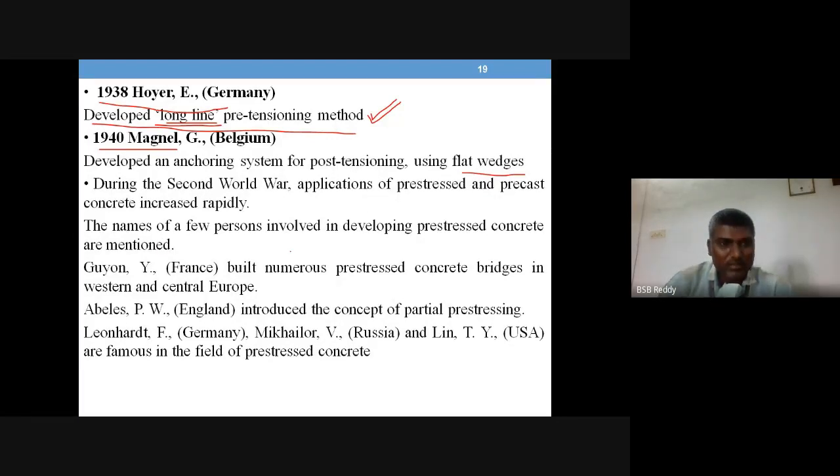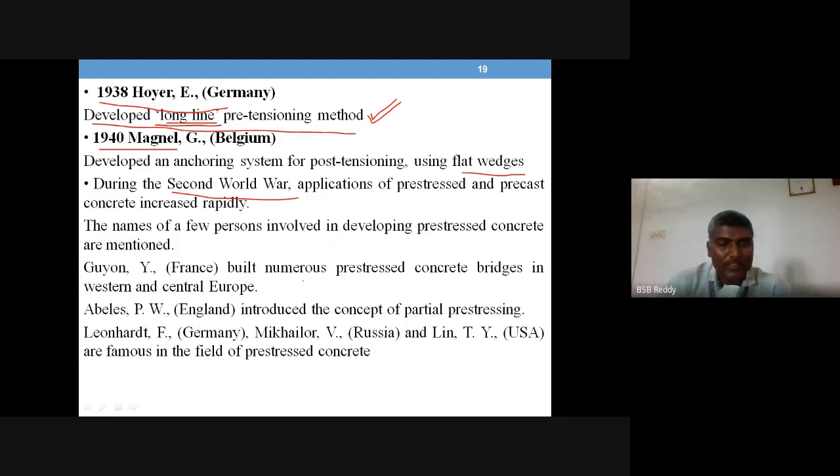And the early attempts to use pre-stressed concrete were not much encouraged by the public. Only after the Second World War did the pre-stressed concrete usage pick up, as hundreds of bridges have been built using this concept.